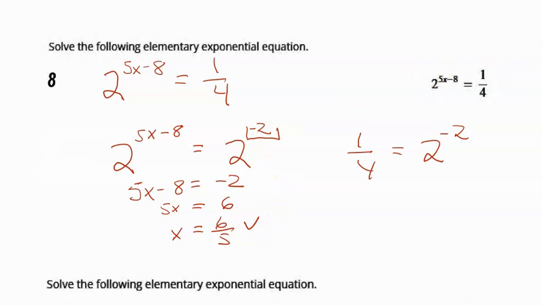All right, one more to go. In our last example, example 9, we're going to use a similar protocol. So 10,000 to the -x equals 10 to the 3x minus 5. Well, our base here is going to be 10.